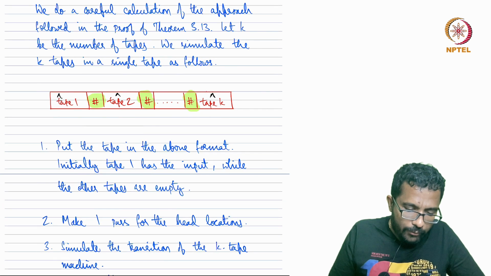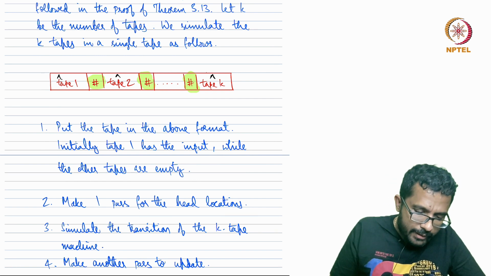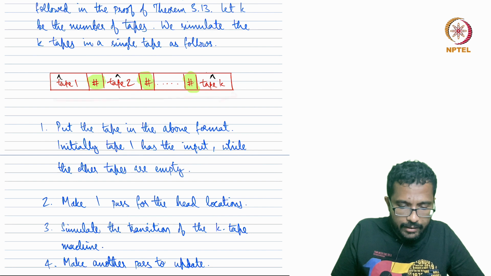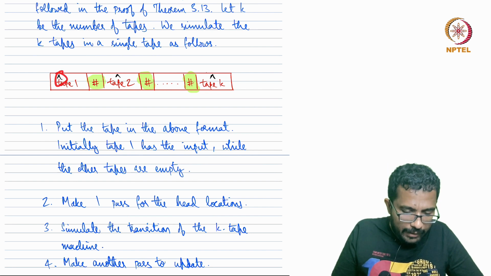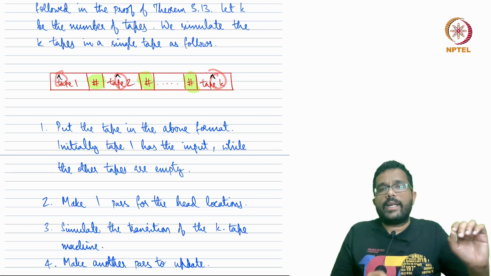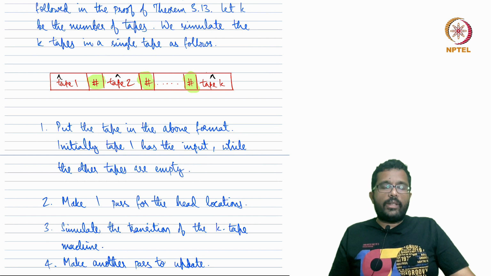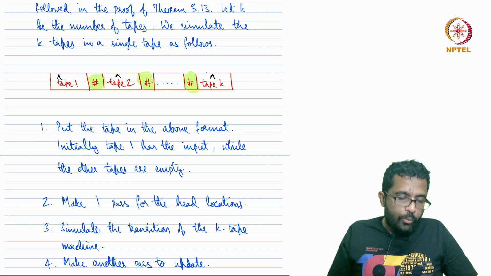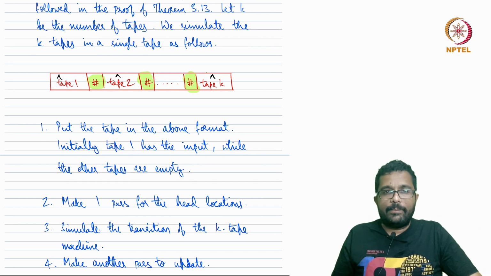So what the single tape simulation tries to do is to scan the tape from left to right, and when it scans the tape from left to right, it remembers where the head positions are. So it will try to see where the k head positions are. Once it knows the k head positions, it knows what is the next step that the multi-tape Turing machine has to take.